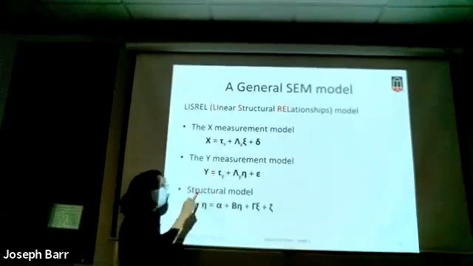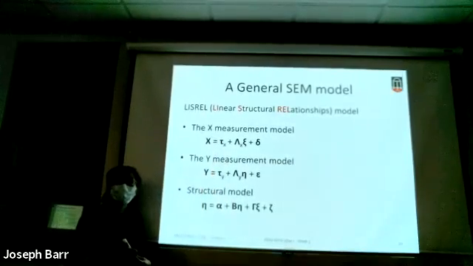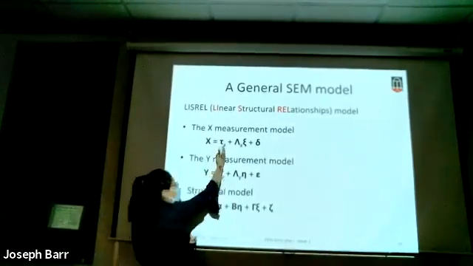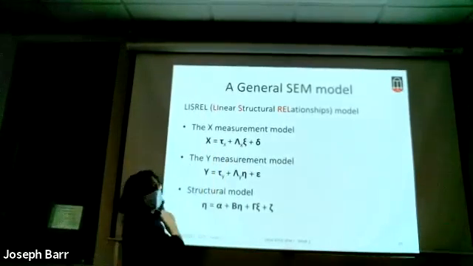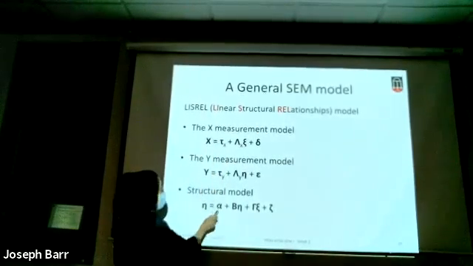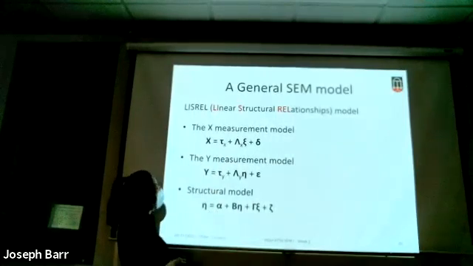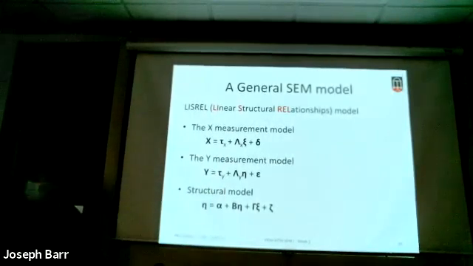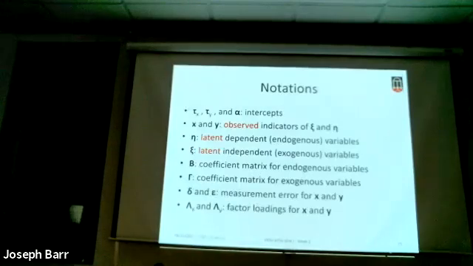All of these mean intercepts, just like in linear regression. We have the intercept for X, the intercept for Y, and the intercept for this eta part. So tau X, tau Y, and alpha are intercepts.